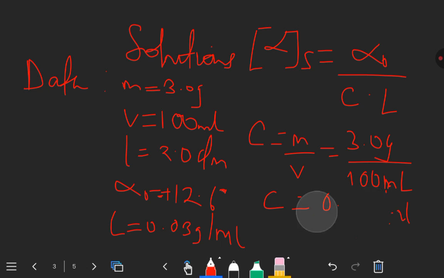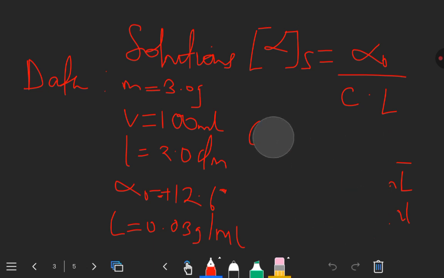Okay, now let's substitute these values in this formula.